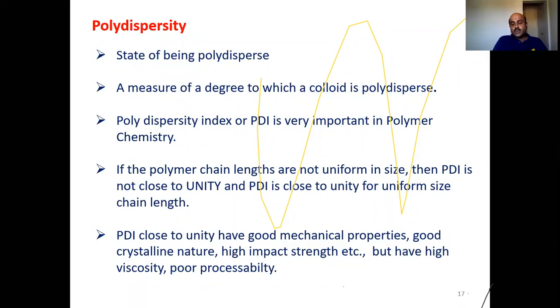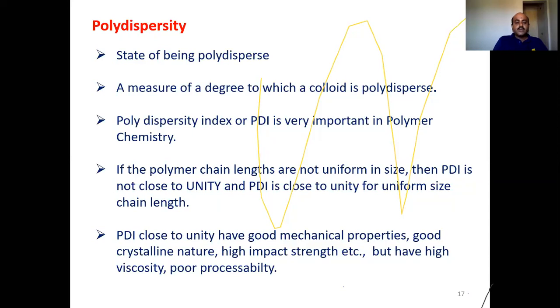So what is the use of obtaining PDI? If the value of PDI is very close to unity, such polymers will have certain advantages. And of course, there are disadvantages also. But when you look at the advantages, we need to process polymers for different applications. So based upon the value of PDI, people choose the polymers and synthesize them for the required applications.